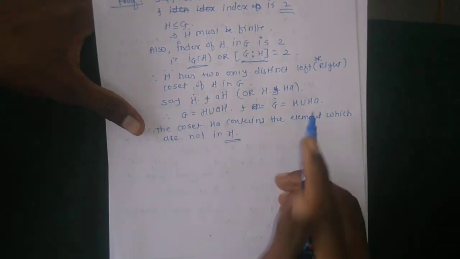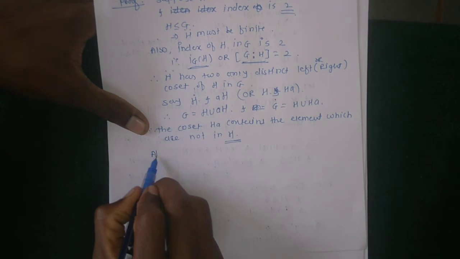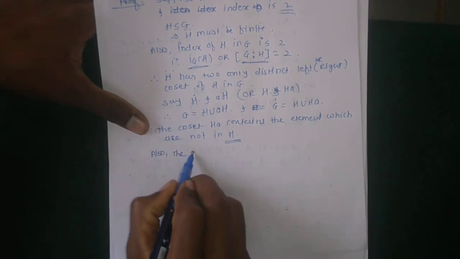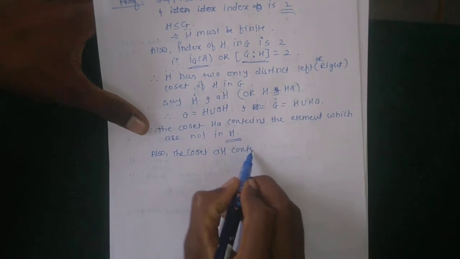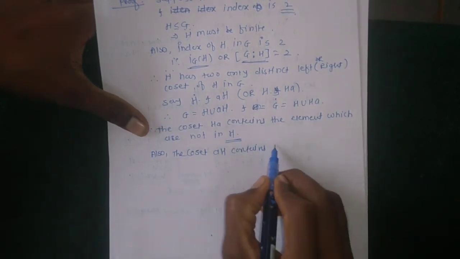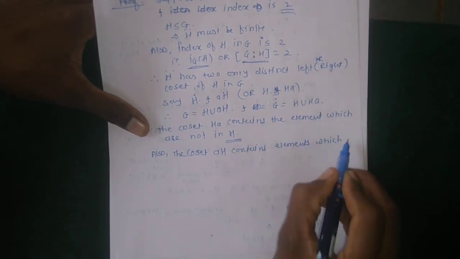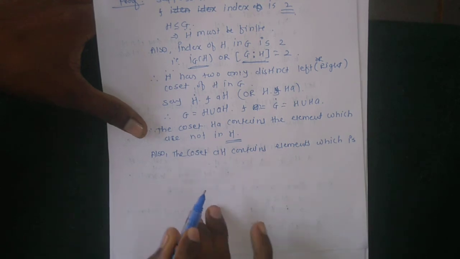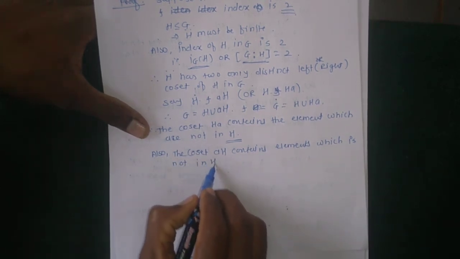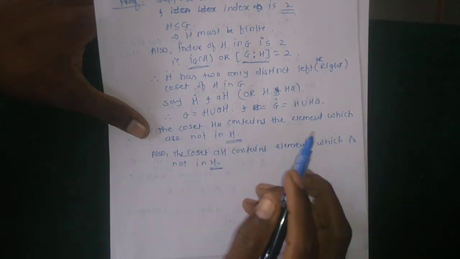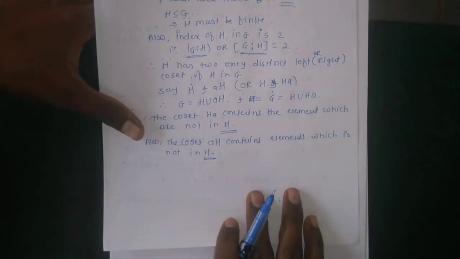So Ha contains elements which are not in H. Also the coset aH contains elements which are not in H, for right and for left.